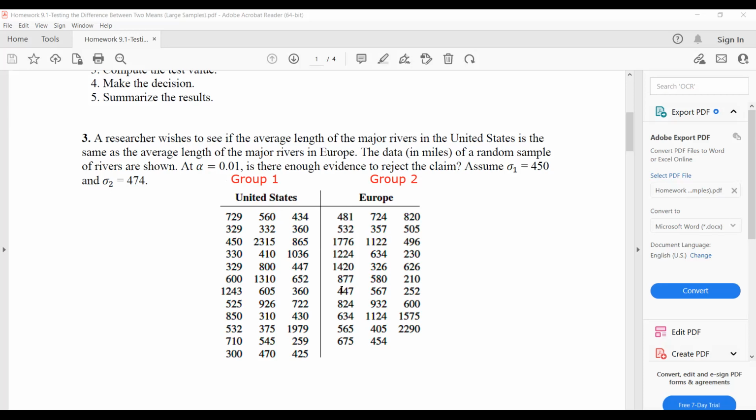The data in miles of a random sample of rivers are shown. At alpha equals 0.01, is there enough evidence to reject the claim? Notice they gave us sigma 1 and sigma 2, but you still need to put the data in your calculator in order to be able to do this. So that's group 1. I'll leave it on the screen, and then we'll go back to the video and watch.